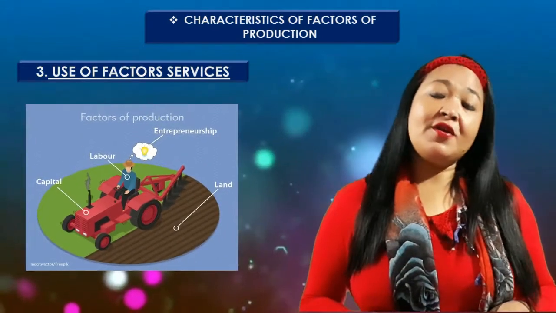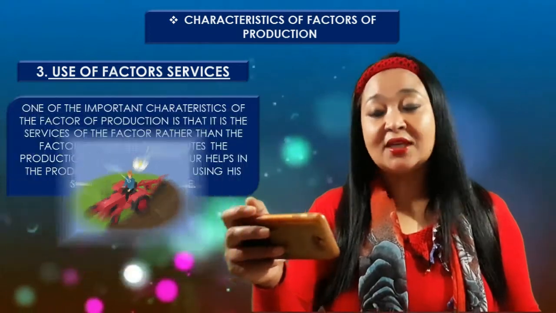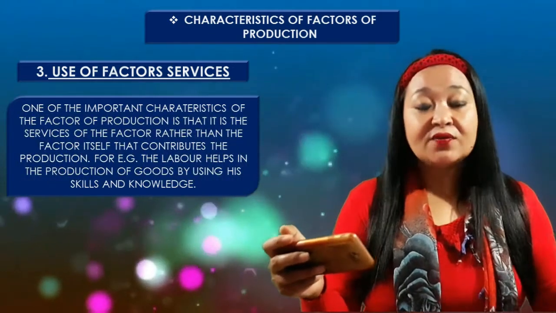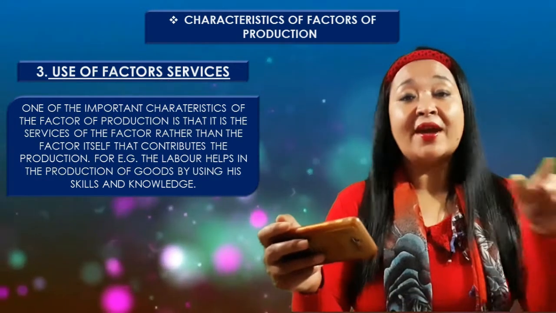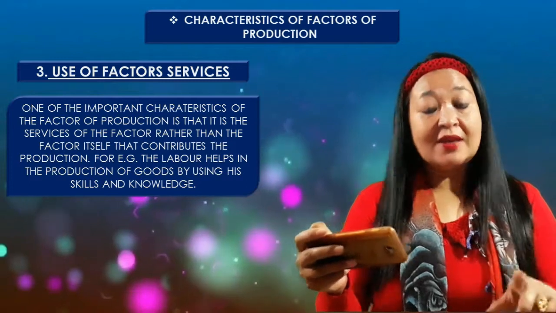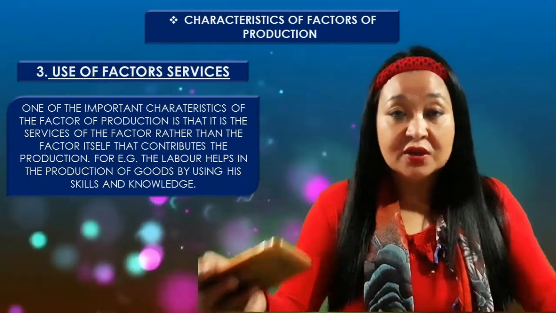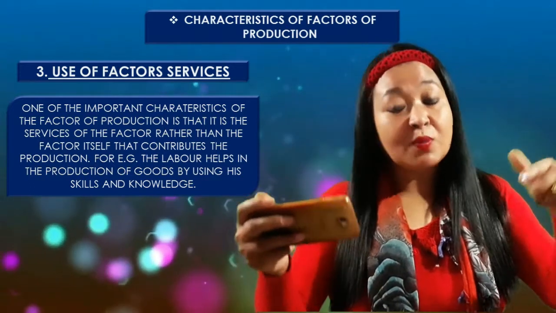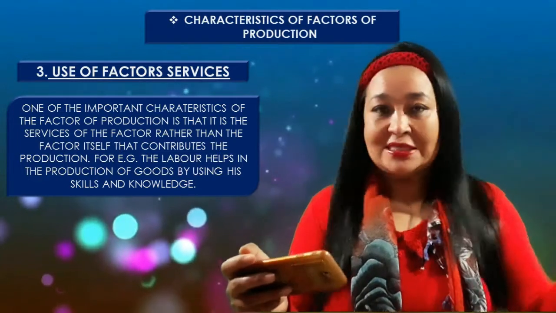Well, the third characteristic of factors of production is use of factor services. One of the very important characteristics is that it is the service of the factor, and not the factor itself, that contributes in the production. The services of the various factors of production are responsible for the contribution in the production, and not the factor itself.